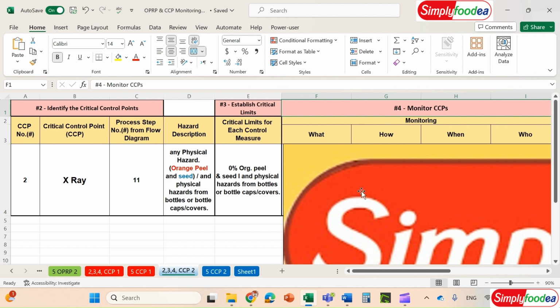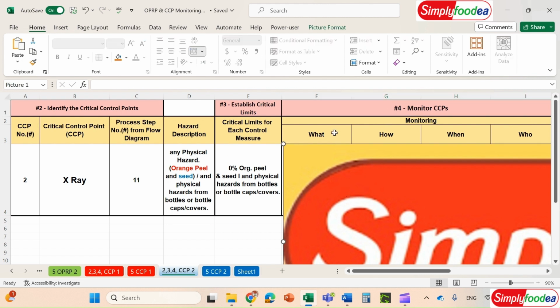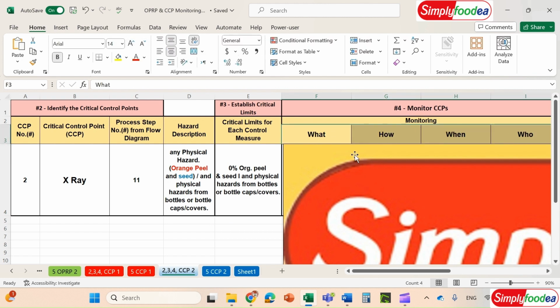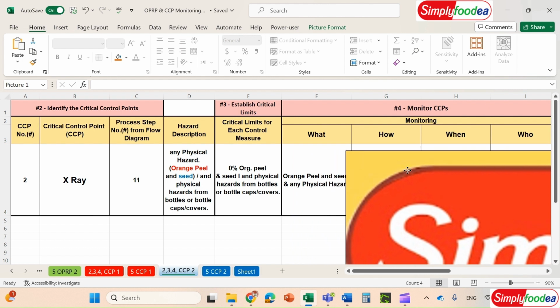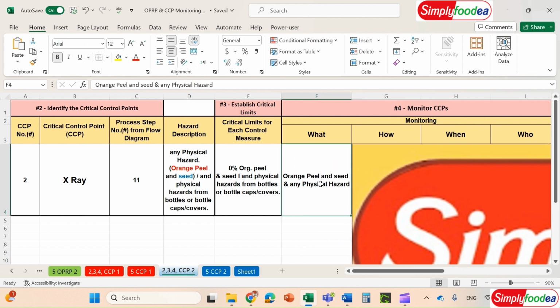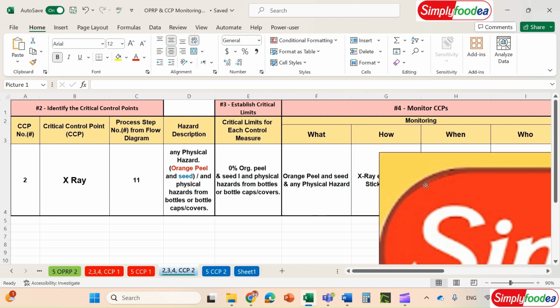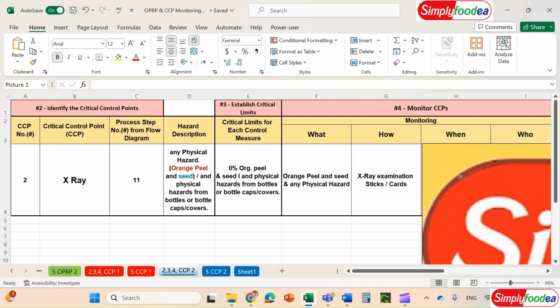So in the monitoring process of this CCP, which is very critical, we also have some scenarios about when to monitor. Okay, and this is very important to be discussed. What to monitor? I'm monitoring the orange peel and any physical hazard, either the physical hazard from the bottles or from the improper filtering process. How am I monitoring? I'm monitoring using the X-ray examination sticks and cards.